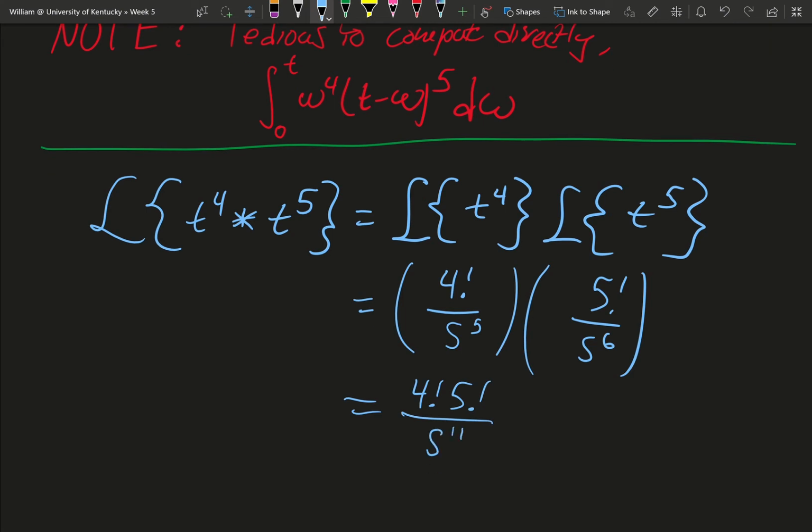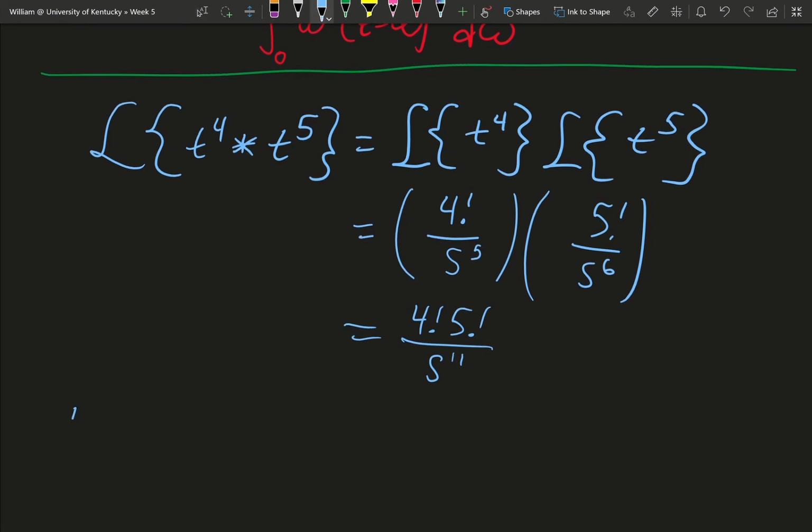All right. So then we get that the convolution of t to the fourth and t to the fifth is the inverse Laplace transform of 4 factorial times 5 factorial over s to the 11th.